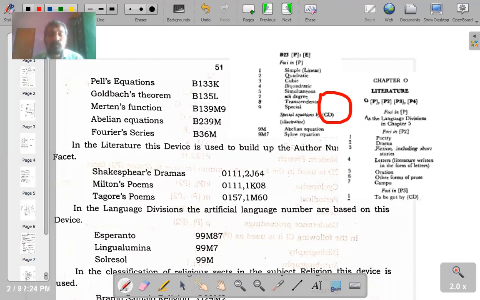Ranganathan has given two examples also, for example, stylo-operatic equations and Albanian equations. How is he getting all these numbers? These special equations are derived based on the chronological device. What is the chronological device? See here, B239, then M. B239, then M7.